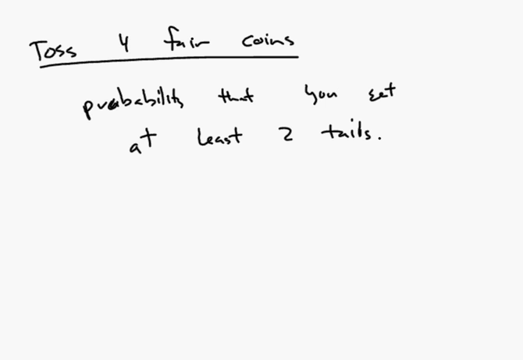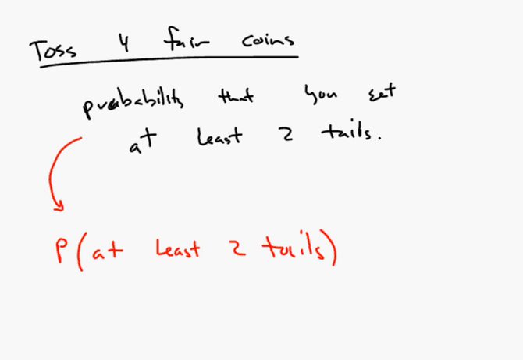Okay? So that's the question. Now we can write this in a more compact form. You should use this notation when possible. Probability at least 2 tails. That's how we can write it. All right, so make a sample space and try and answer that.